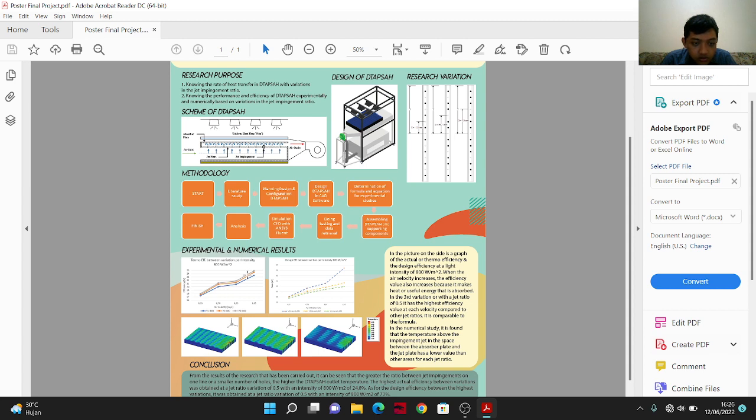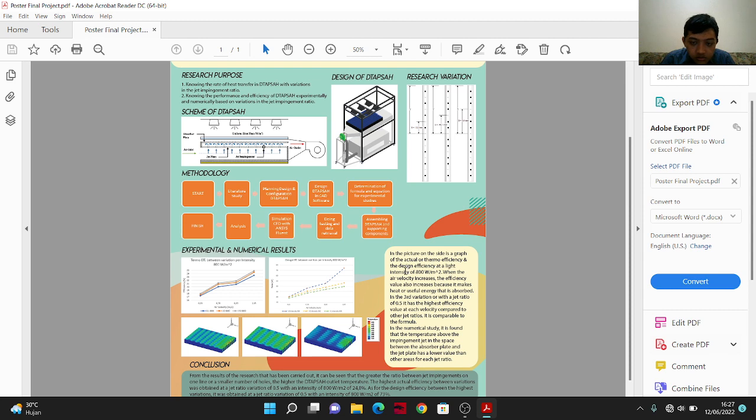There are graphs of thermal efficiency and design efficiency with intensity 800 watt per square meter. There are two intensities in this research, 400 watt per square meter and 800 watt per square meter, but the best results were obtained at an intensity of 800 watt per square meter.